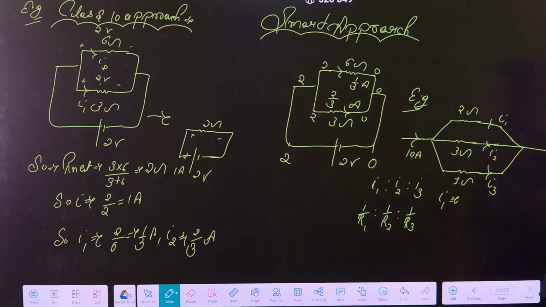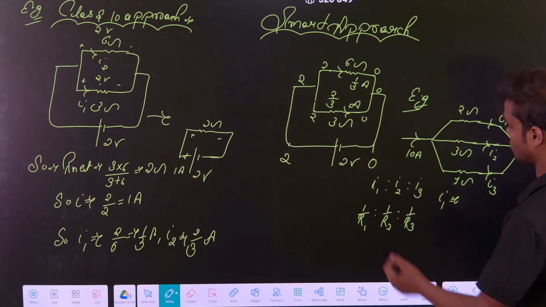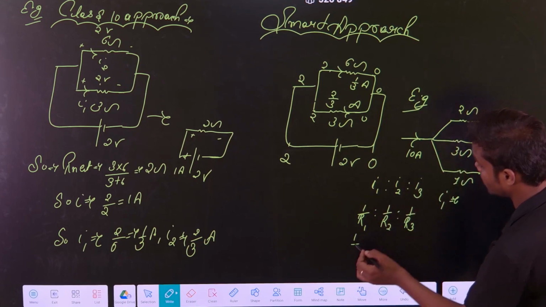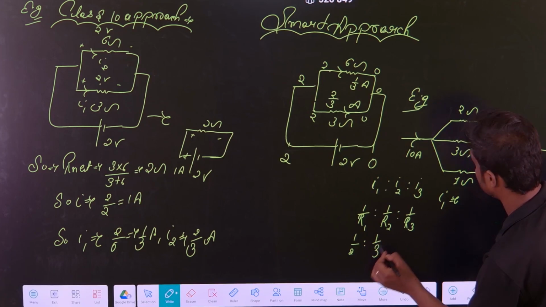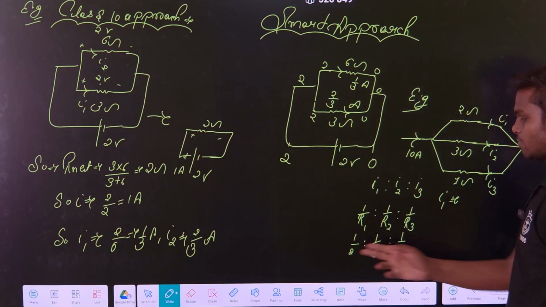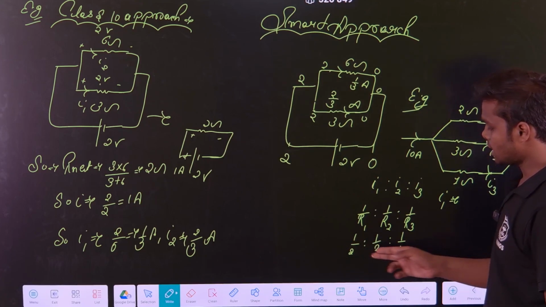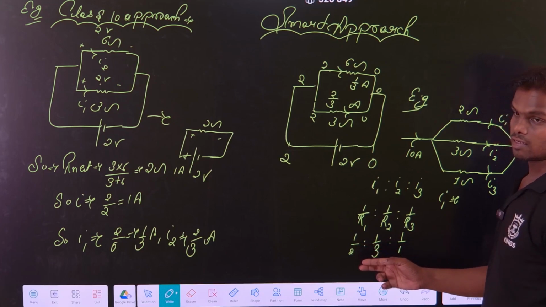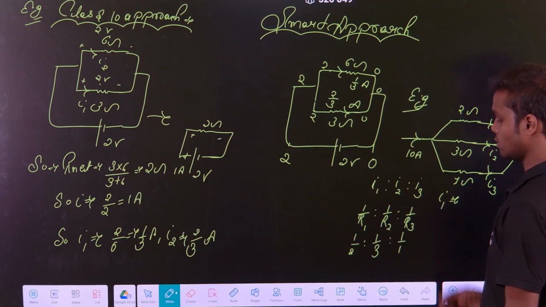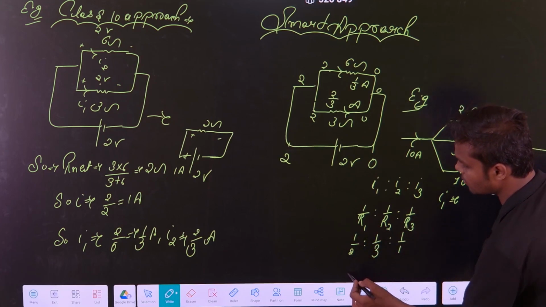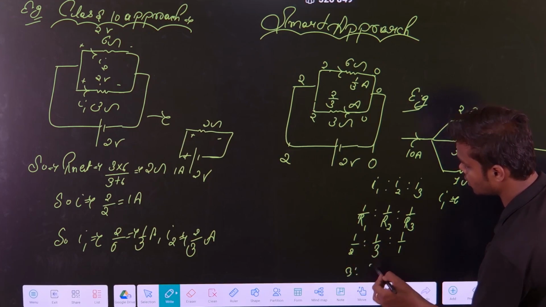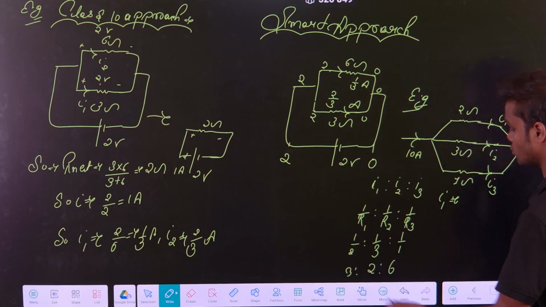And then I will write my I1. If you want, you can put the value here, 1 by 2, 1 by 3, and 1 by 1. See how to simplify this thing. Just take the LCM of the denominators and multiply that quantity in the numerator. If you take the LCM, it will be 6, so it is 3 is to 2 is to 6. So now you can write I1.